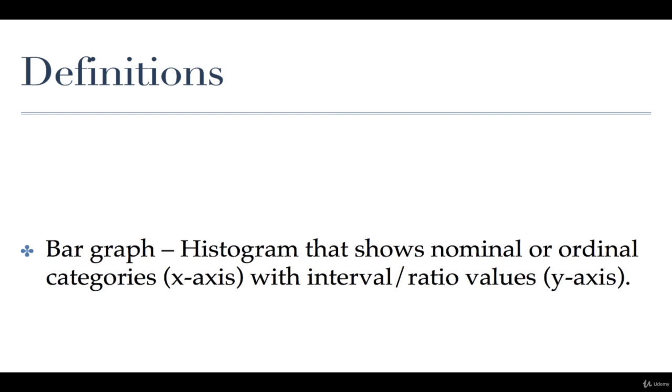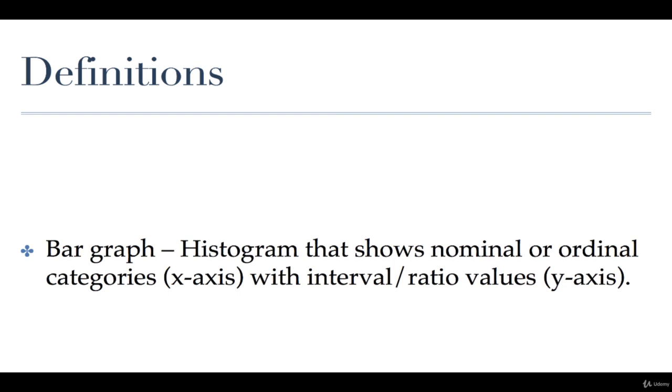So a bar graph is a histogram that shows ordinal or nominal data, usually as the x-axis, which is like a category or a label, and there's some sort of interval or ratio quantity as the y-axis. That's the dependent variable.